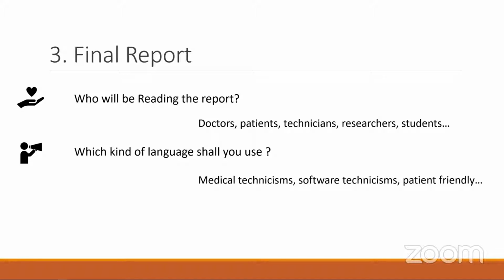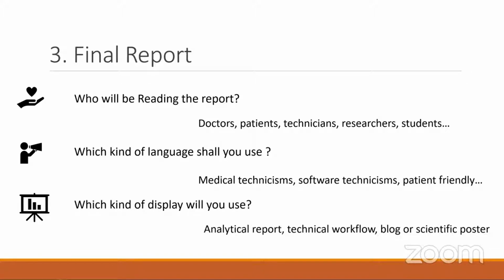And it's not only about how we are communicating it, but also how we are going to display these results. So if we are doing an analytical report with technicisms, do we want to add a technical workflow?